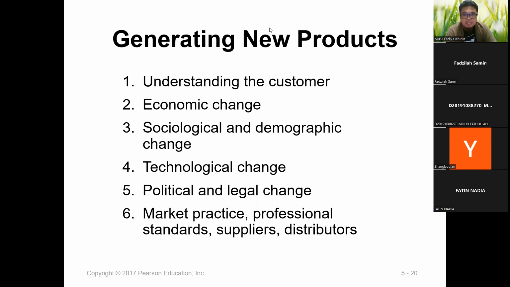The second one nowadays is economic change. Hopefully UPSI students, in the faculty of management and economics, have good knowledge to face the current economic situation.